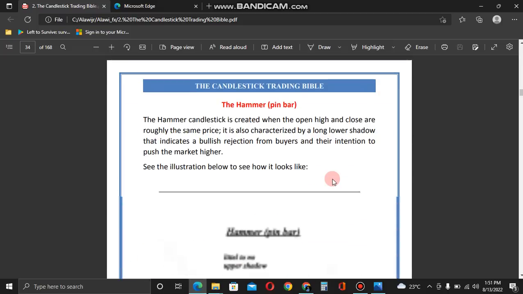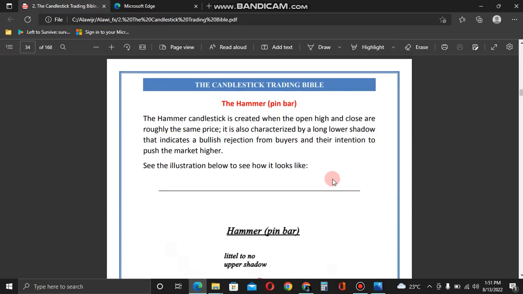Moving on to another candlestick pattern, the hammer, or by another name the pin bar. The hammer candlestick is created when the open, high and close are roughly the same price.